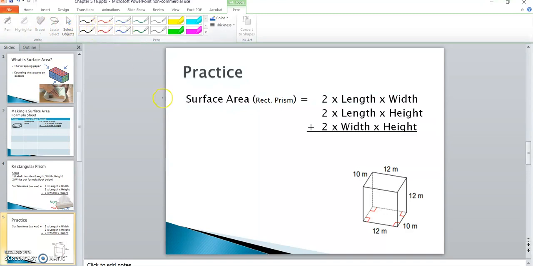So again, the very first step that I do is label the sides. The length in this one is going to be 12, so I can say that the length is 12 meters. The width is 10 meters. And finally, the height is 12 meters.